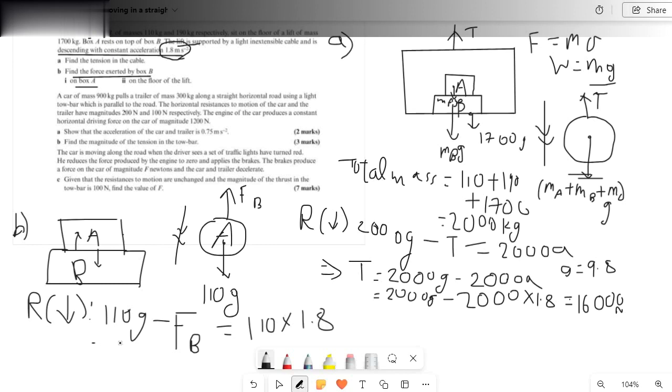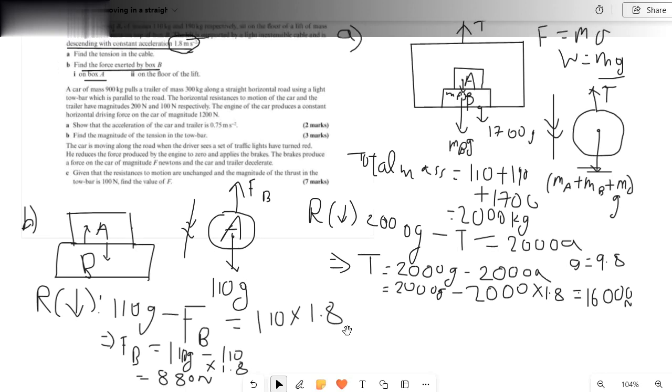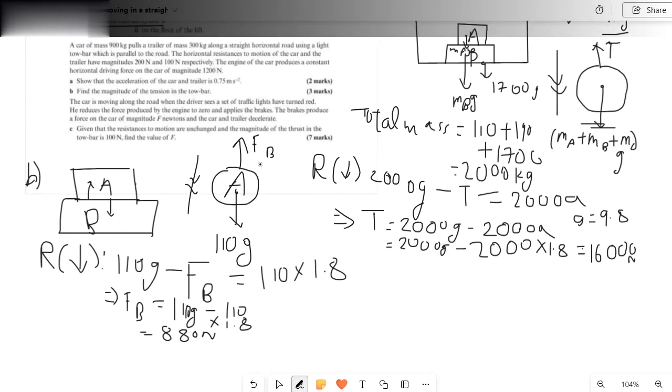So FB should be 110 g minus 110 multiplied with 1.8, and this is equal to 880 newtons. And we know from this diagram that the force is acting upwards, therefore FB is acting upwards.